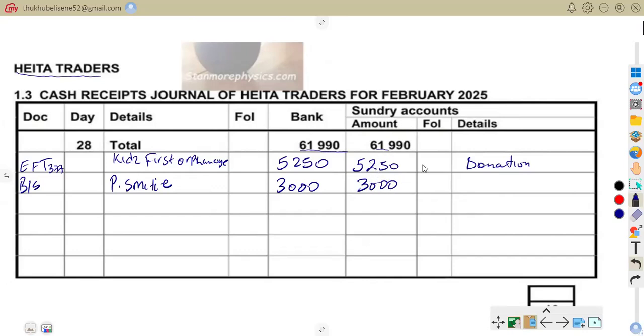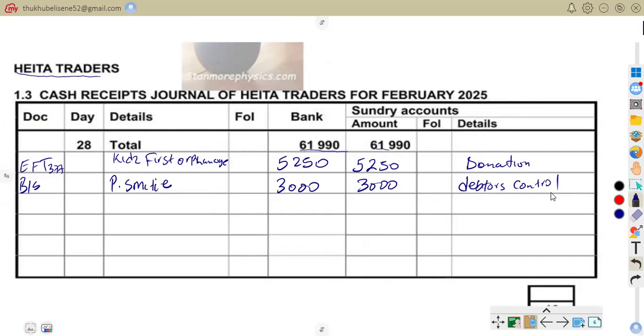So it is 3,000, and then we give a description of that. It was for debtors control. It is a debtor who was paying us, so we're going to write debtors control. I hope we are together on that.